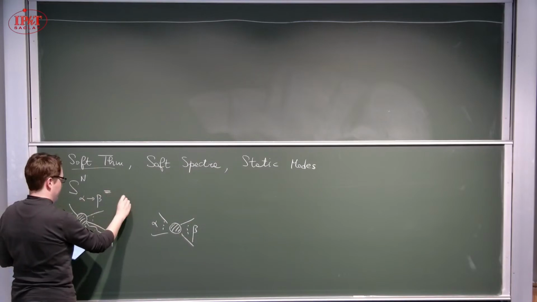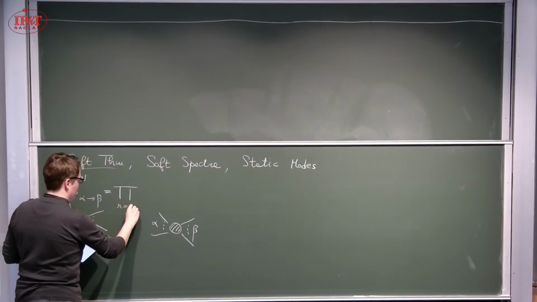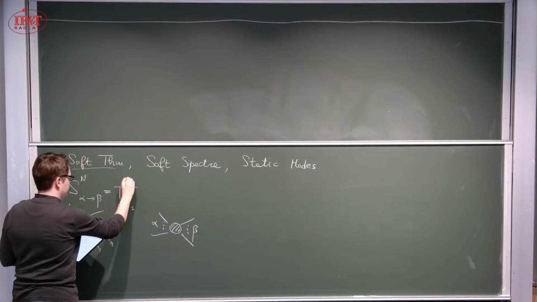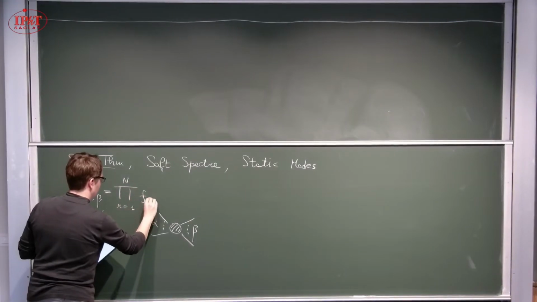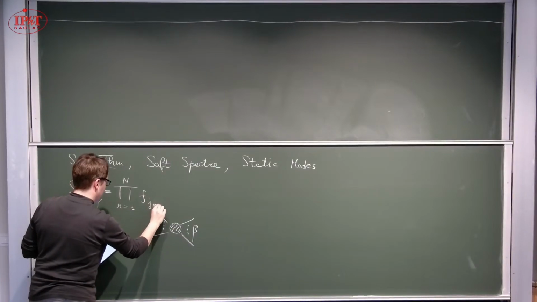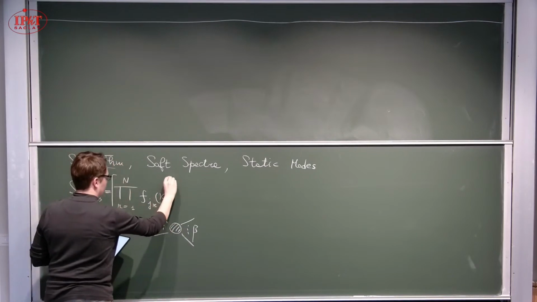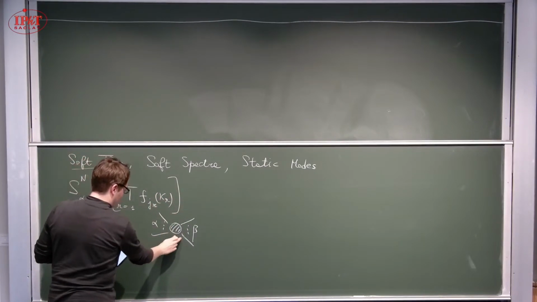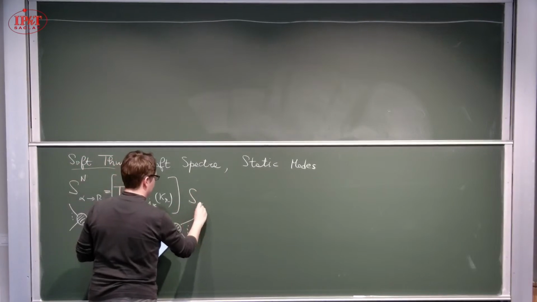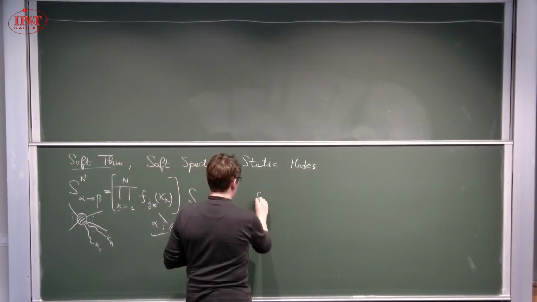It's just a factor in front. So a product actually of factors, each associated to a different graviton, times this amplitude here without any gravitons, alpha beta.